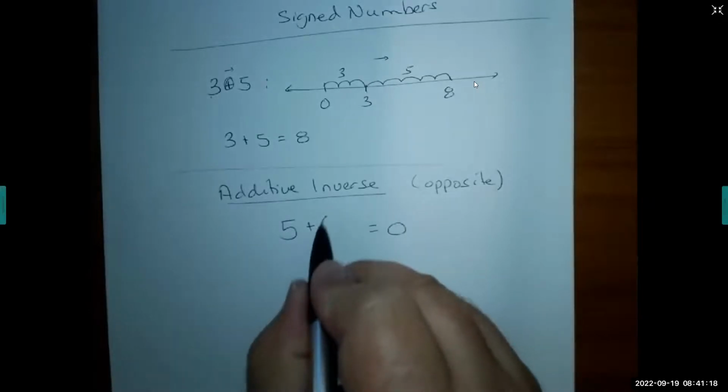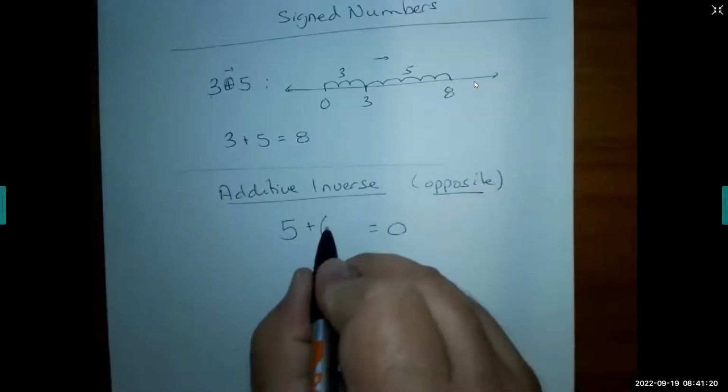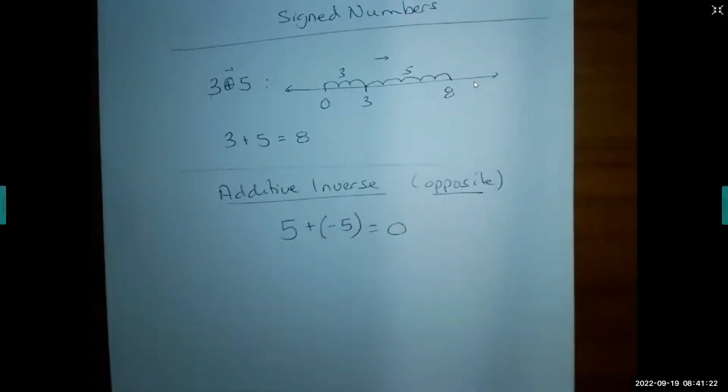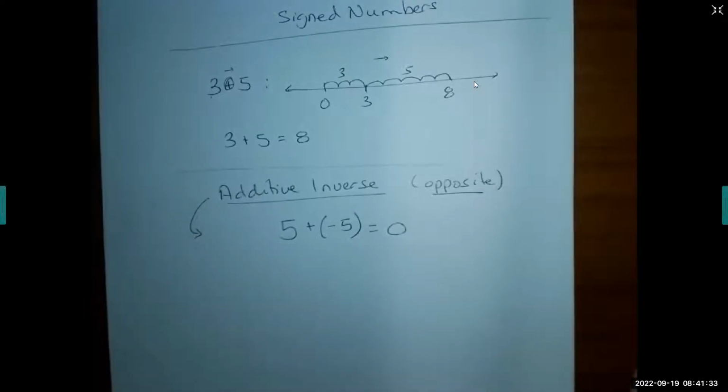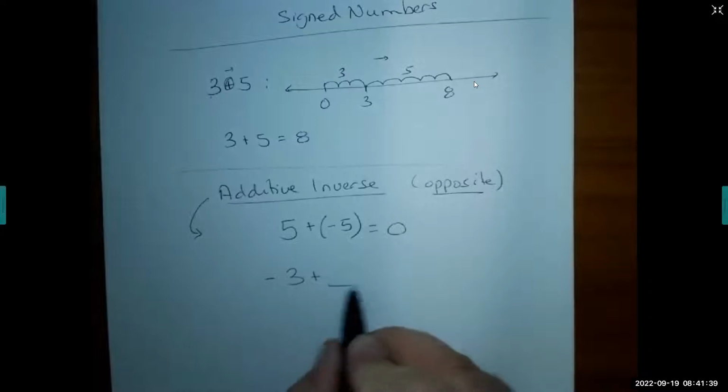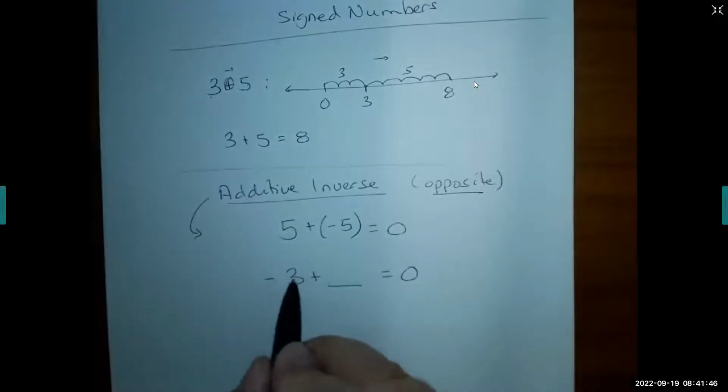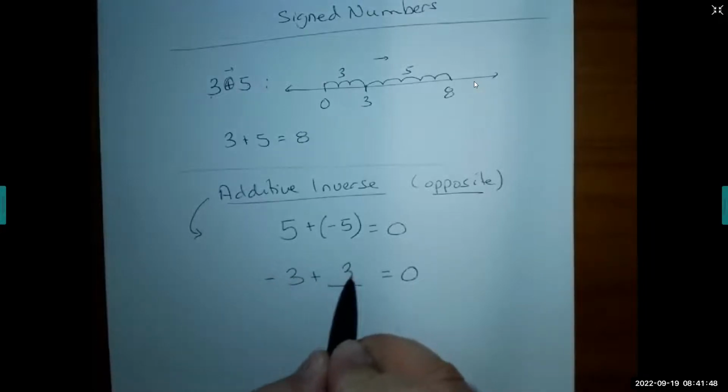Yeah, you add the opposite. 5 plus -5 equals 0. That's called the additive inverse. Because if I add the opposite to it, it becomes 0. -3 plus what equals 0? If this is -3, the opposite of that is 3.